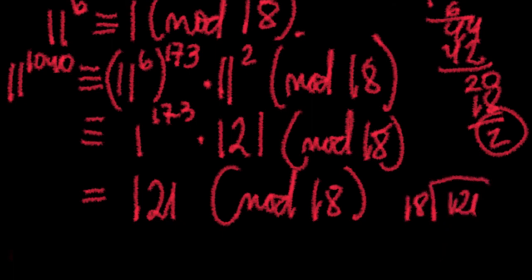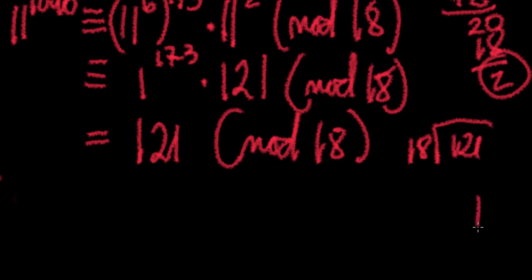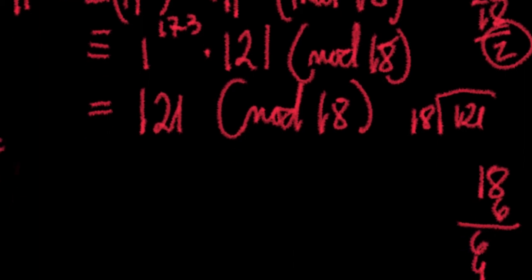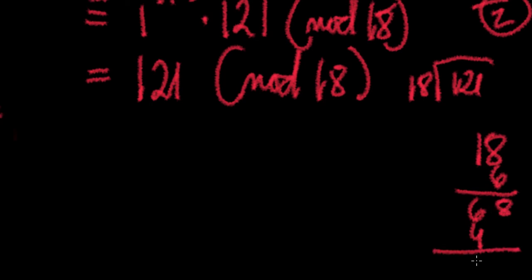Let's try 18 times 5 is 90, times 6 is 108. If we're going to add another 18 there, that's going to become 126, which is beyond this. So therefore, what we have is 6 times 18, 108.